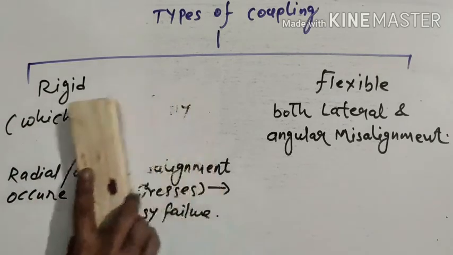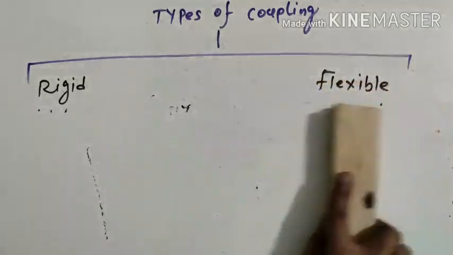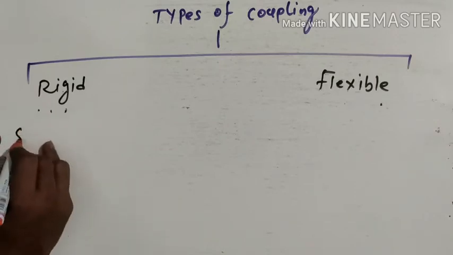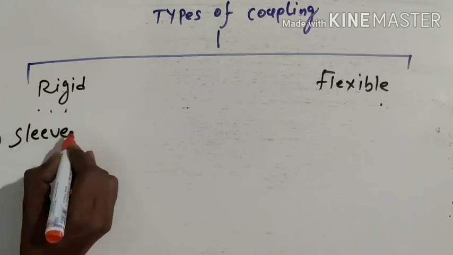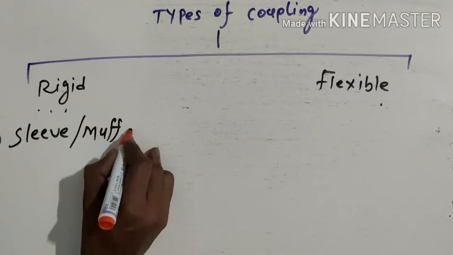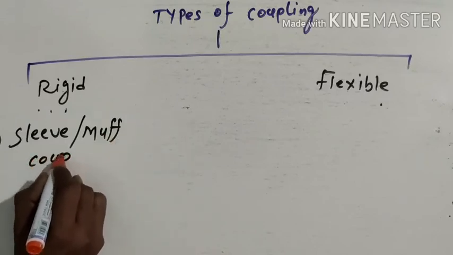Firstly, we talk about the types of rigid coupling, and it is of mainly three types. What are the names of these couplings? Number one is the sleeve or muff coupling.